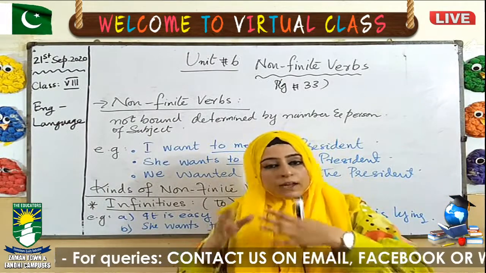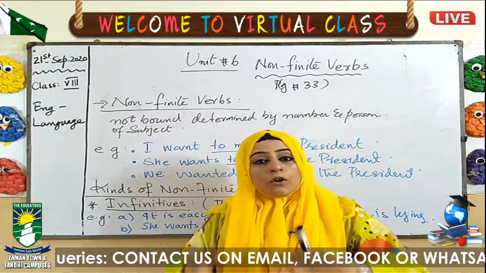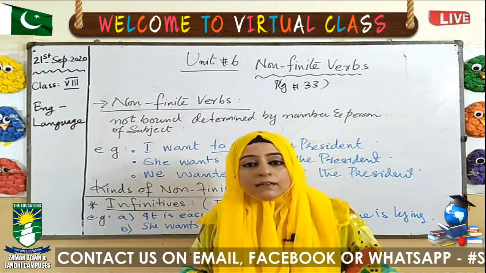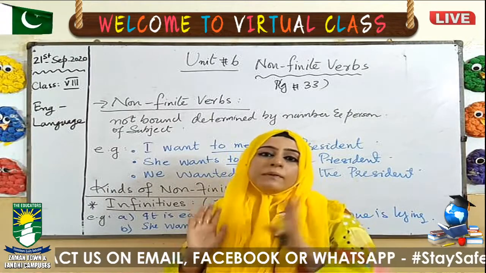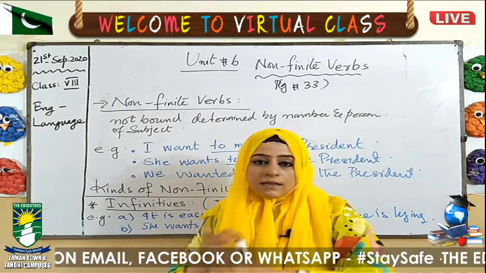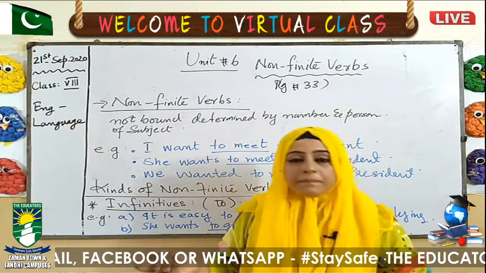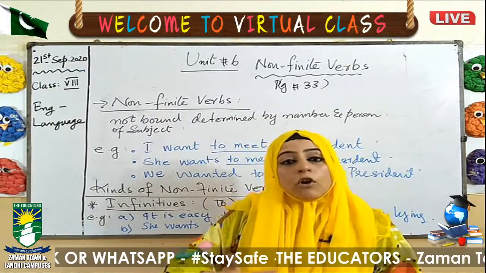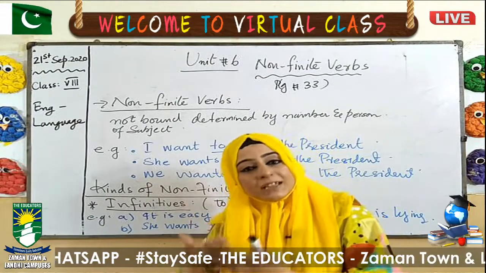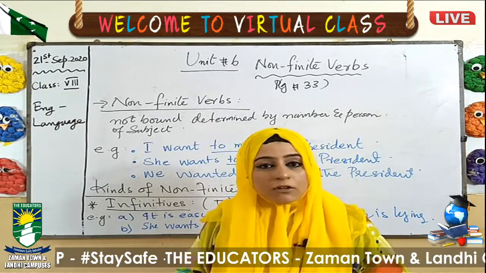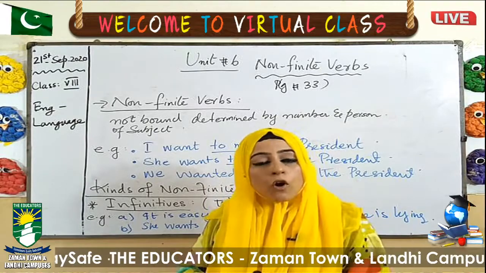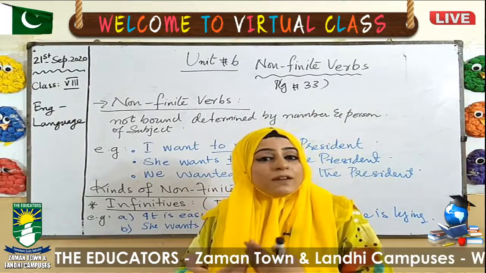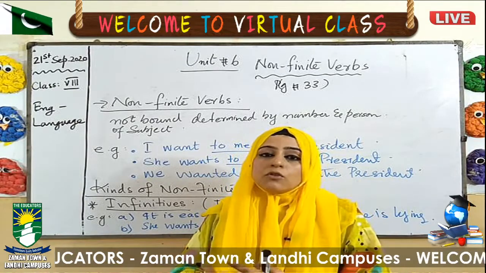Whatever the person is, whatever the number of the subject is, the form of the verb will not be affected by any means. Just like in our present tense, we change the form according to the person and the number. If we have a singular noun, then we use the form with s or es, and if we have a plural noun, then we use it without s or es.